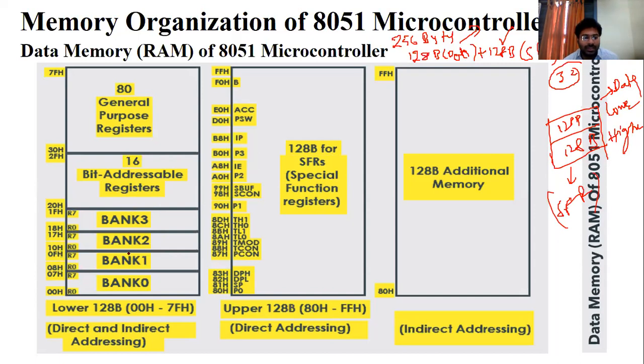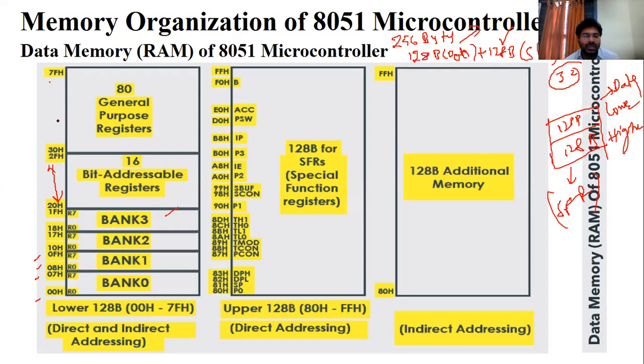Now see this. This is the lower 128 bytes, accessed by indirect as well as direct addressing. 00 to 07H will indicate bank 0, 08H to 0FH is bank 1, then bank 2, bank 3, and so on. 20H to 2FH is the bit-addressable area for registers.